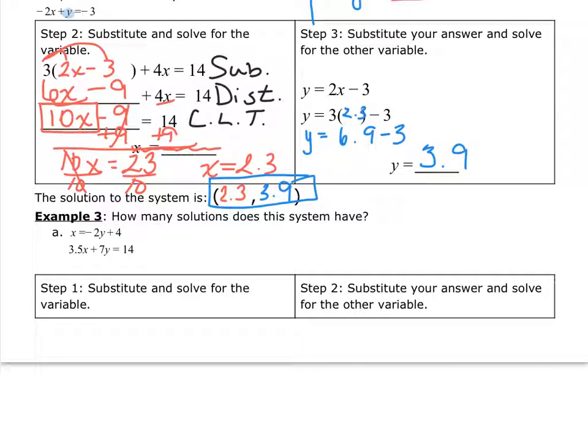In example 3, both of the problems are asking how many solutions does this equation have? All right, so I have 2 equations. x equals negative 2y plus 4, and 3.5x plus 7y equals 14.